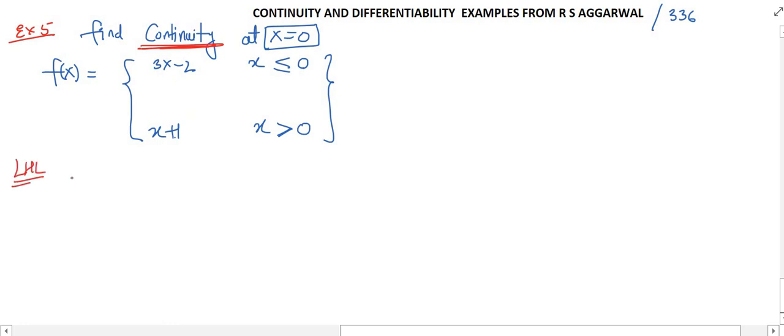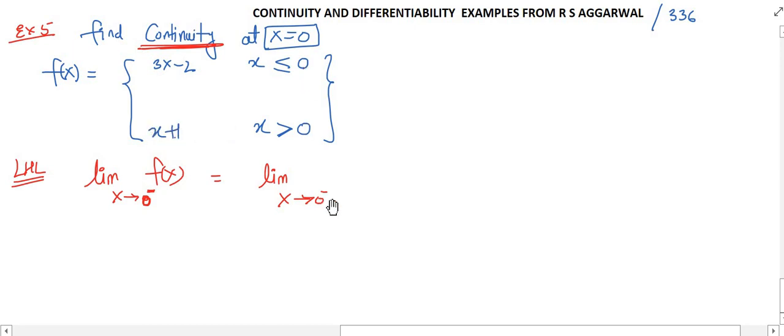So let me calculate LHL. So LHL, how do we do? Like this, 0 minus. Why 0 minus? Because we have to find the continuity at 0 of f of x. So this we will write x is tending to 0 minus f of x. Which one should I pick up for f of x, 3x minus 2 or x plus 1?